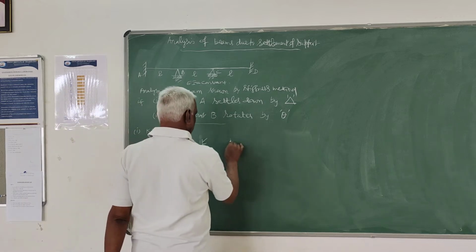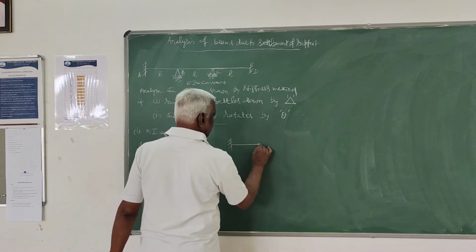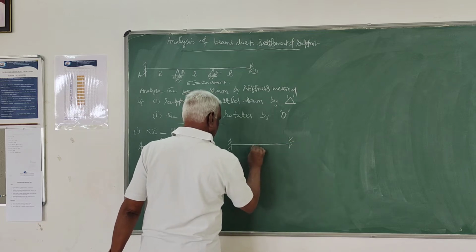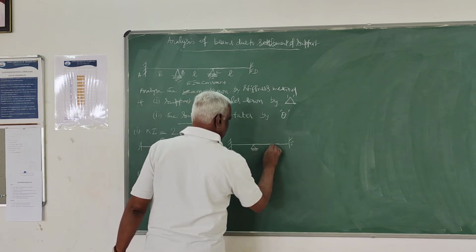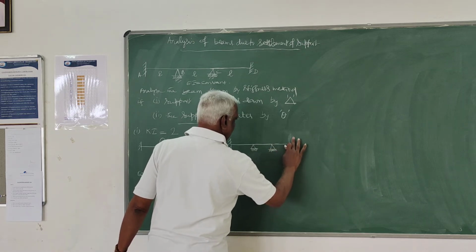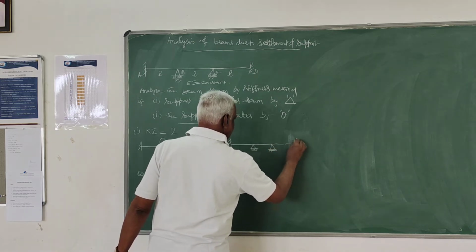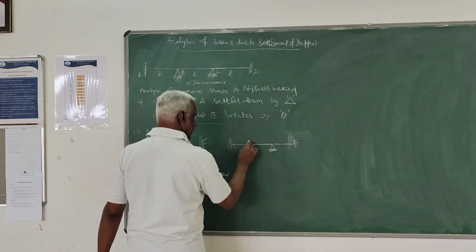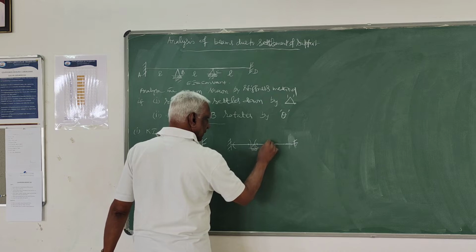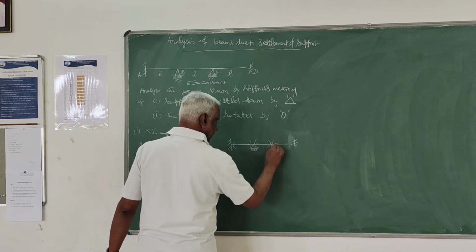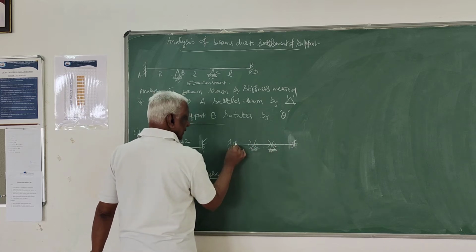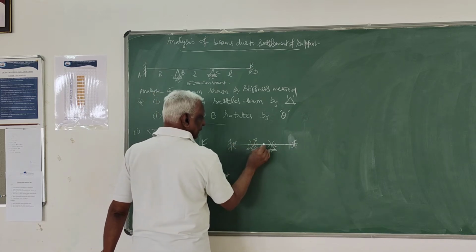Then unknown member end forces which you have to determine during analysis. So we are determining only the moments at the ends of members as unknown. There are 3 members. At the ends of each of these 3 members, the moments we are determining.